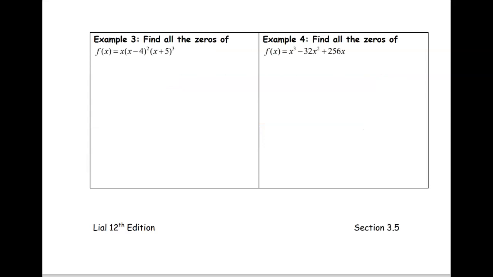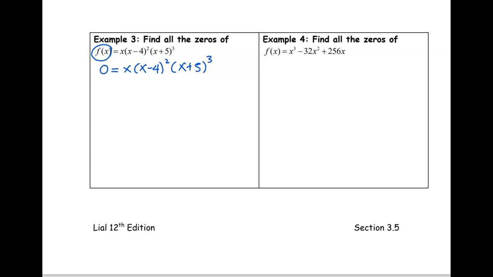Now let's consider the following examples here. Find all the zeros of the given polynomial functions. To do that, we are just going to make f of x equal to 0. So we have 0 is equal to x times (x minus 4) squared times (x plus 5) cubed.